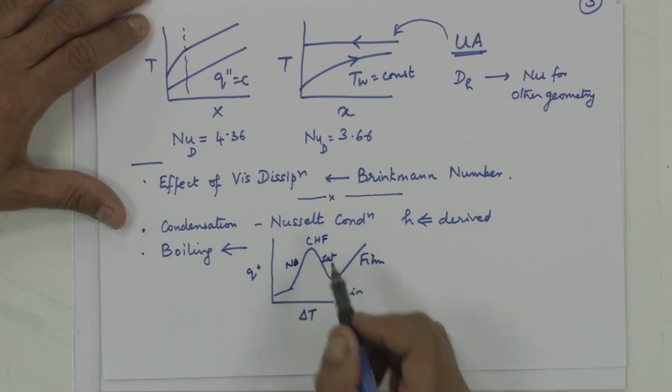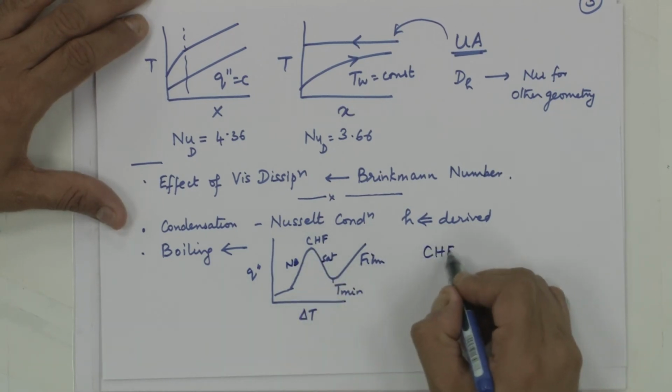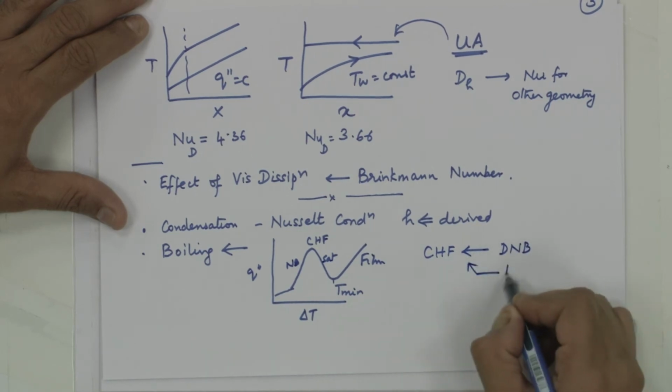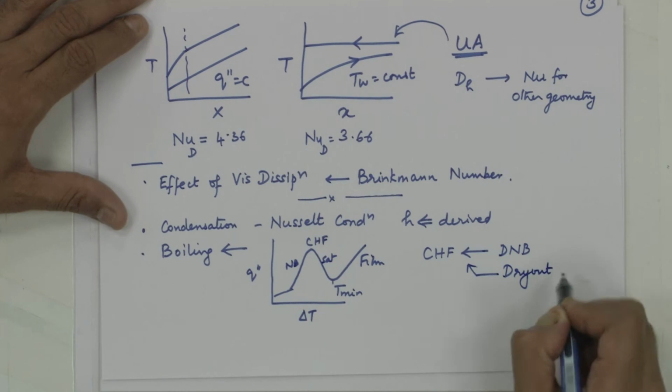Talked a little about what CHF could mean, went on to say that CHF is caused by departure from nucleate boiling or dry out, which are both different.